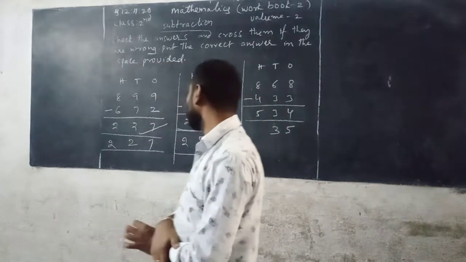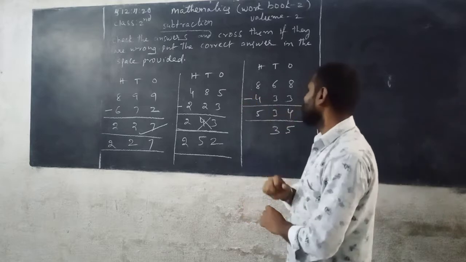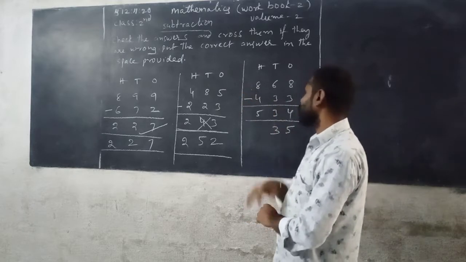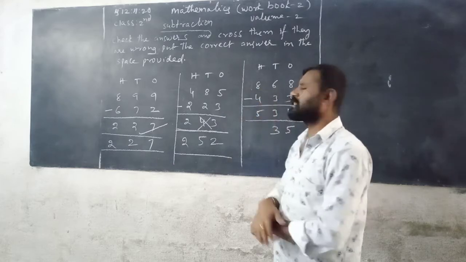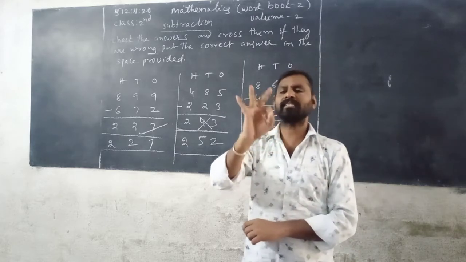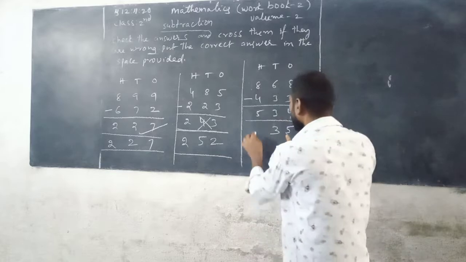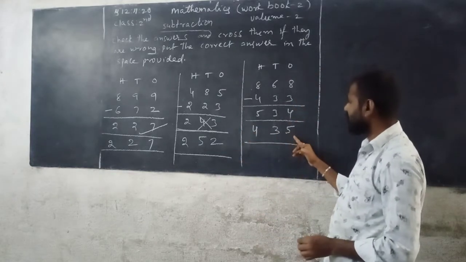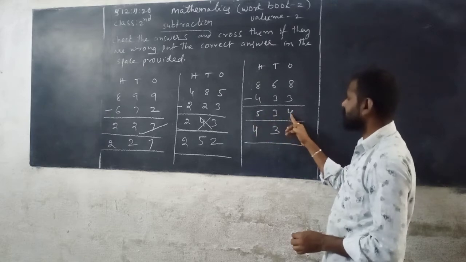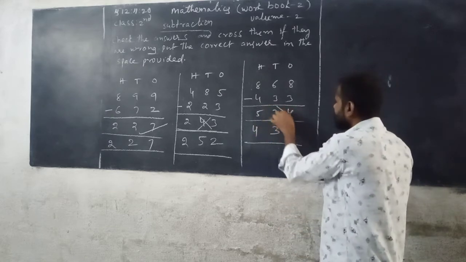It is possible because 8 is more than 4. You can get 4: 4 after 5, 6, 7, 8. So now 4. The actual difference is 435. This is correct, but 534 is given, which is wrong. Then you can cross it.